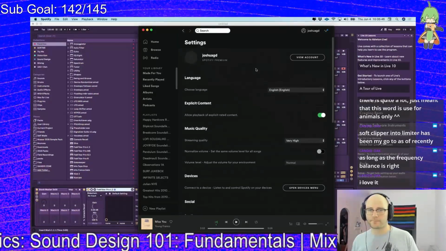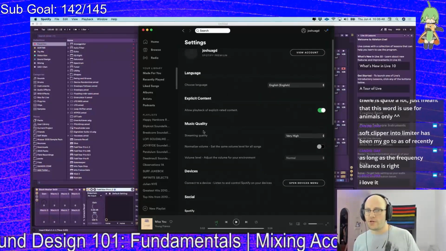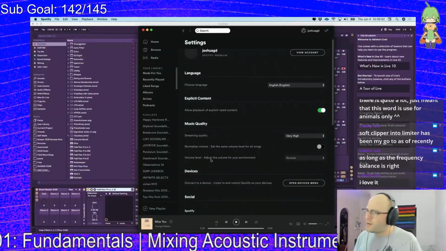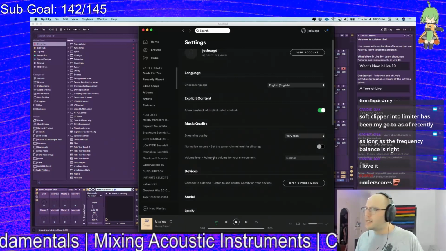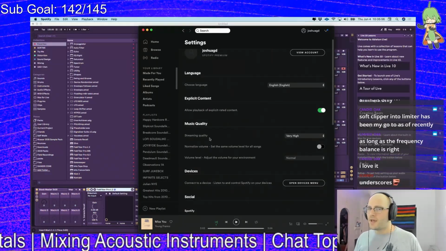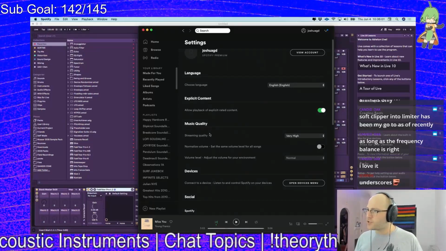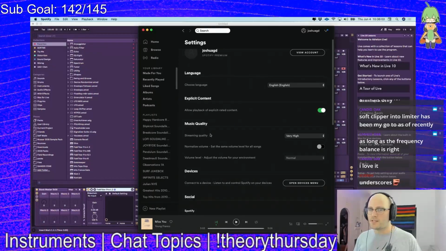Now, this third category right here is called music quality. Maybe you've gone in, though I don't know many people who have gone in and messed with their music preferences or their settings within Spotify.